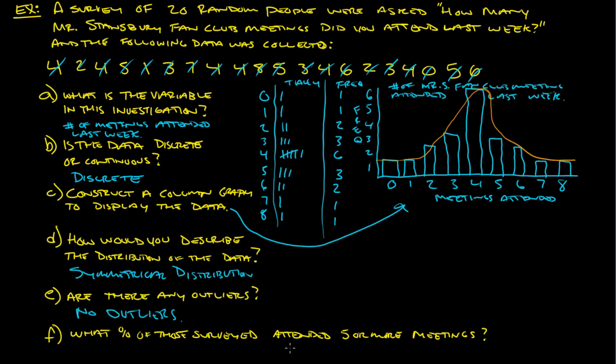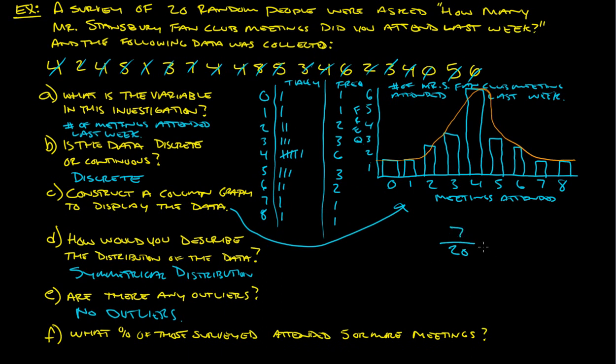The last thing is, what percent of those surveyed attended 5 or more meetings? We're trying to calculate a percent here. We know there were 20 people surveyed. Going to our frequency distribution, here's 5 or more, so the people that showed up to 5, 6, 7, or 8.